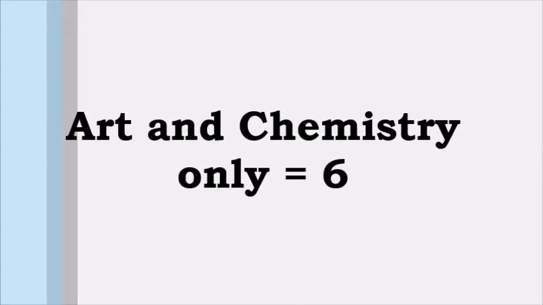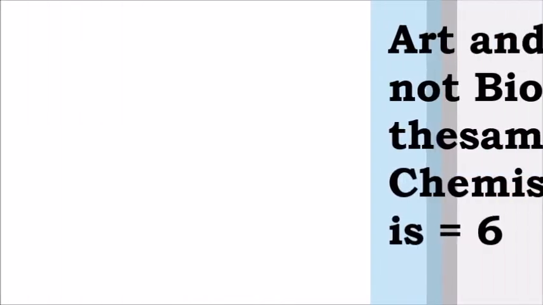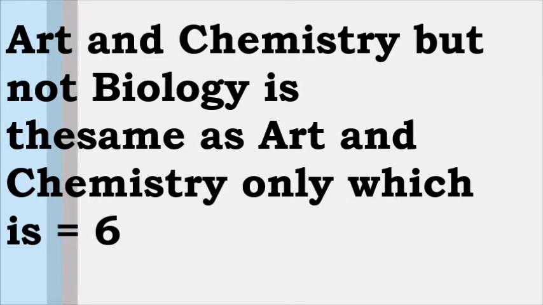That's why you write the 6. You can see the 6 being represented there. So whenever a question tells you arts and chemistry, but not biology, it is the same as arts and chemistry only. So you are not going to subtract the 3 from it because those who are doing biology have already been subtracted from it. So it's left with arts and chemistry.